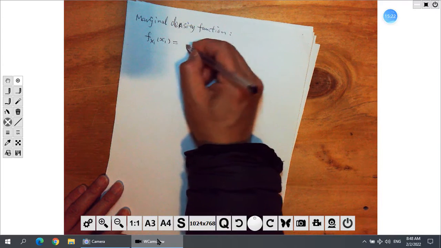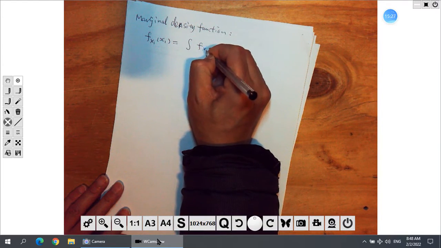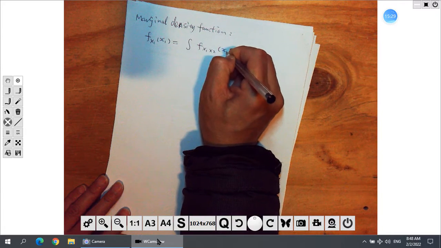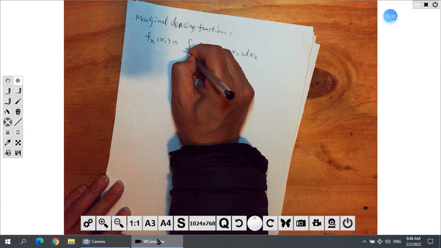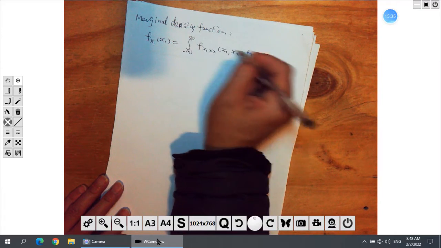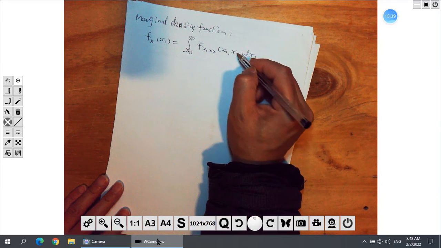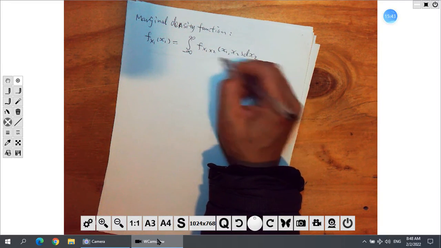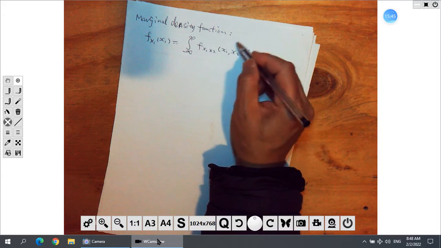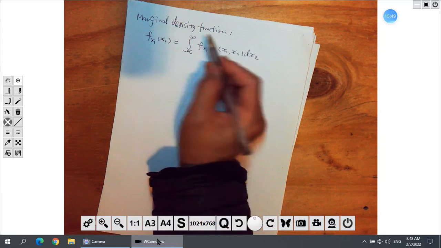It is the integral of f(x1, x2) dx2, where x2 runs from negative infinity to positive infinity. We do the integral on x2. So after the integration, this is just a function of x1. It is just the PDF of x1.